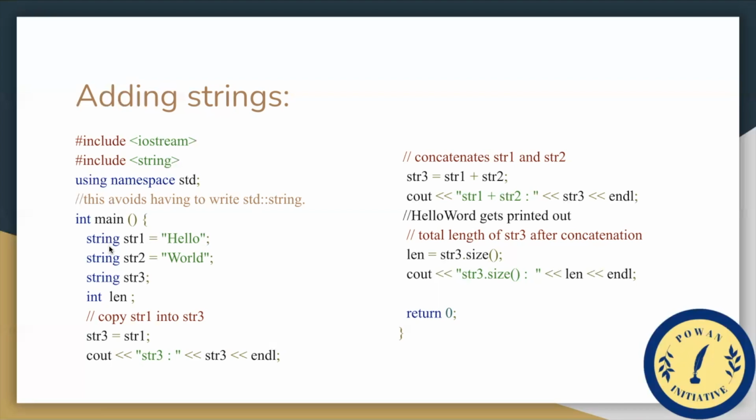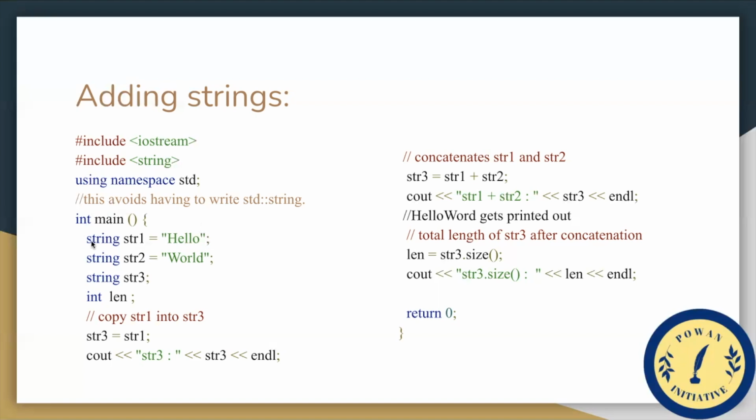So we have string str1, which is hello, and string str2, which is world. We declared and initialized them all to that specific string value. You can notice we didn't have to write multiple steps. We didn't do string str1; and then str1 = hello; on two different lines.